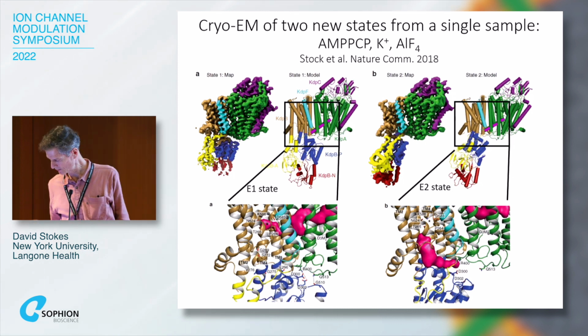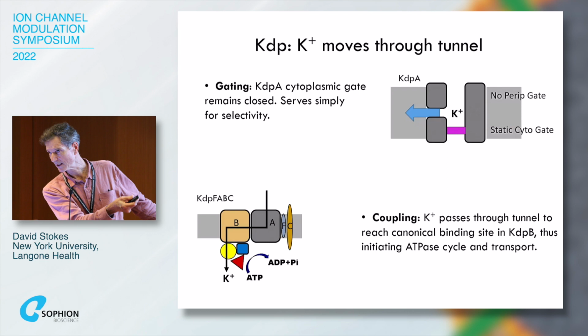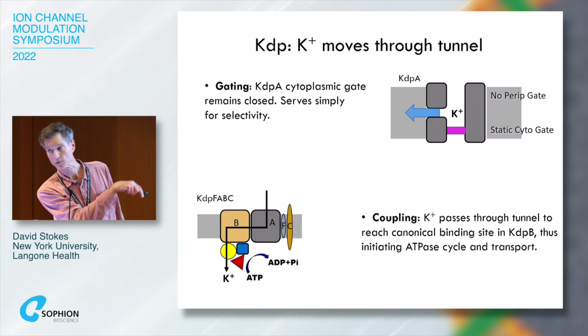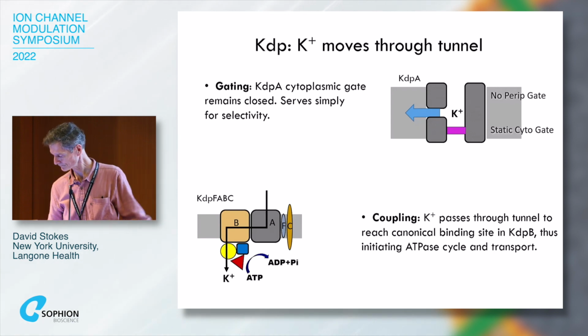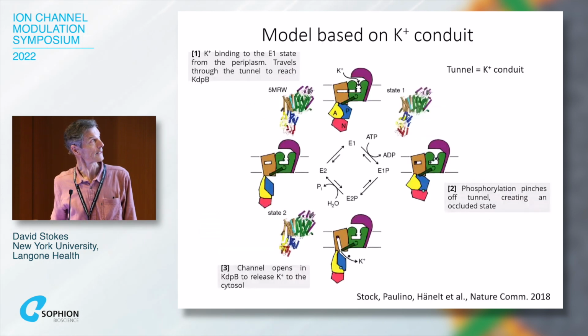So they proposed a completely different model where the potassium entered into the potassium KdpA subunit, and then took this tunnel. The potassium traveled through the tunnel over to the pump subunit and then was expelled during the reaction cycle, which I couldn't really argue with because it was pretty consistent with their data.